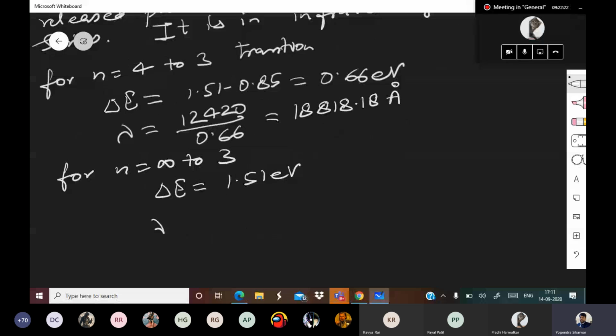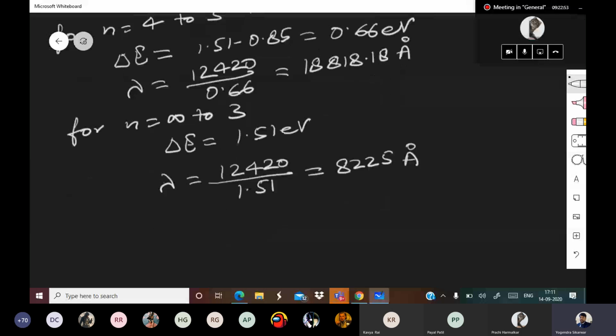So lambda in that case will be 12420 divided by 1.51, and that comes out to be 8225 angstrom.